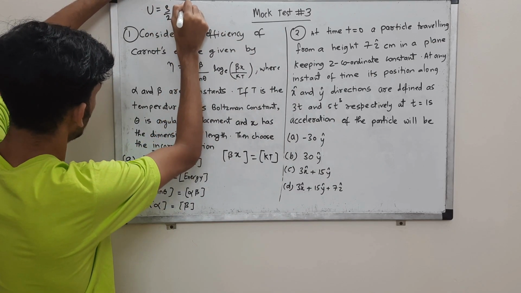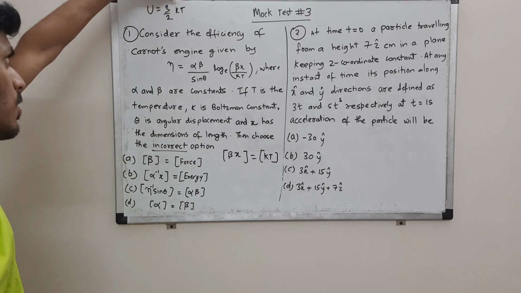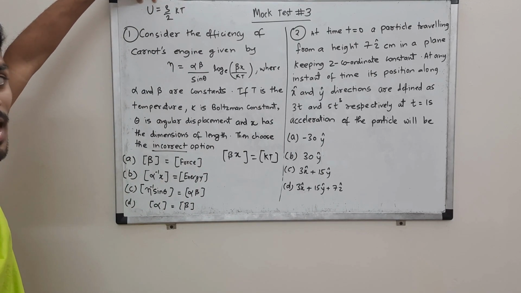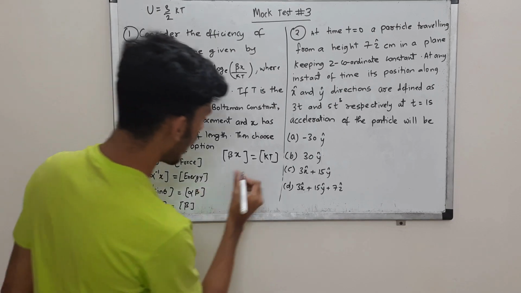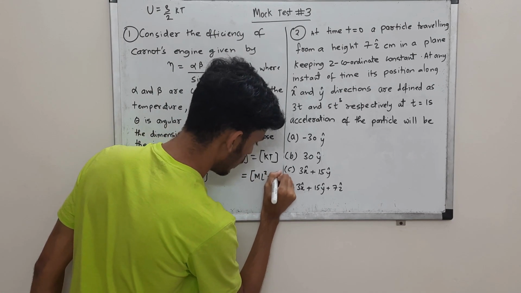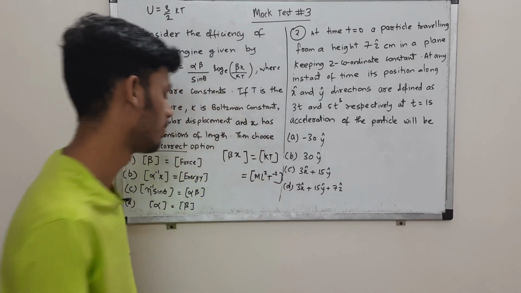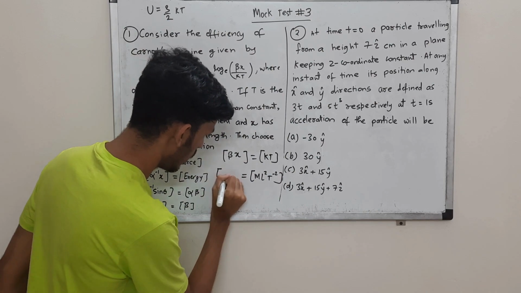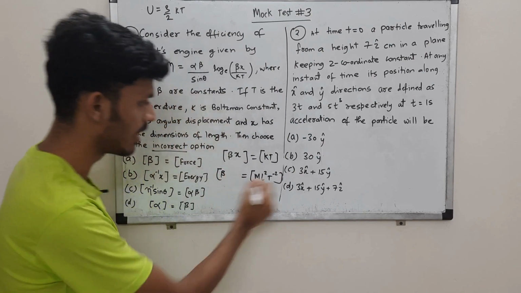It says that energy is 3 by 2 kT, so you can clearly see from here that kT has the same dimensions as energy, so M L^2 T^-2, like mv square. So beta x will have the same dimensions as kT.